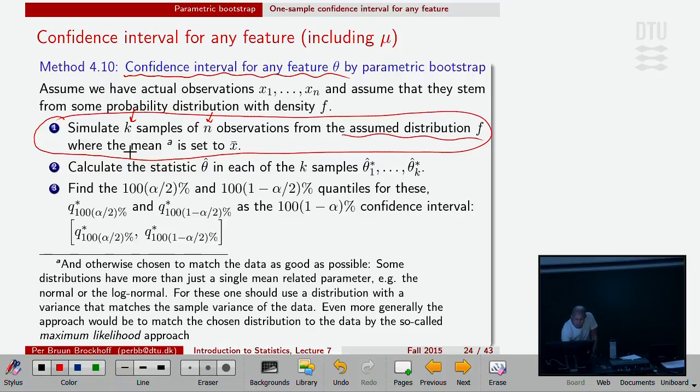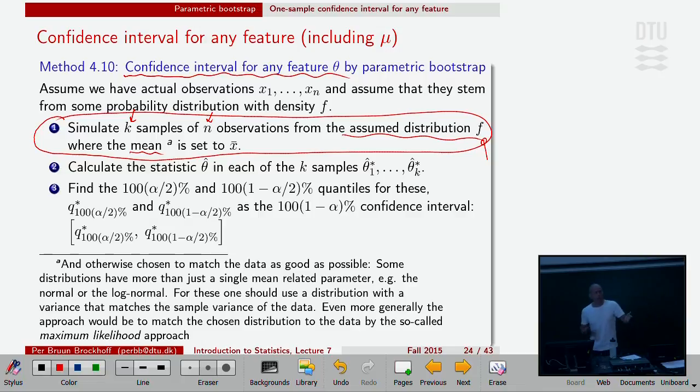To use this procedure with the exponential, I need to compute the mean and use the exponential with the computed mean. That's what I'm talking about here. How do I actually do it in practice? Even though I say exponential, I need to know which exponential.